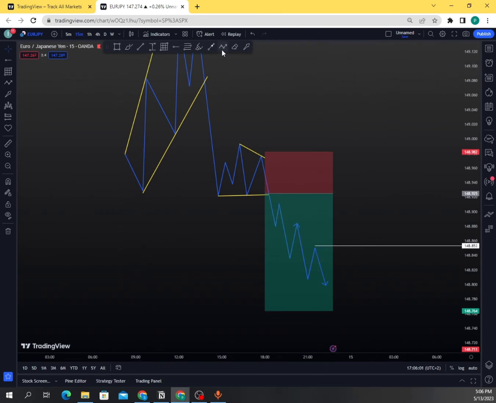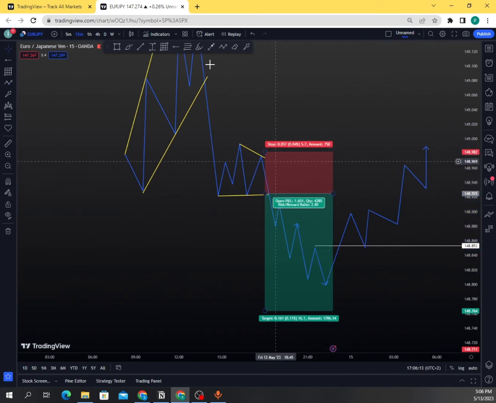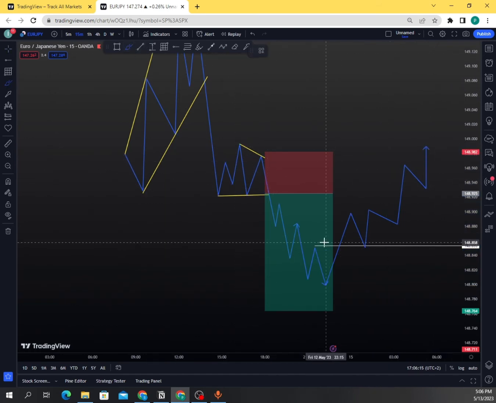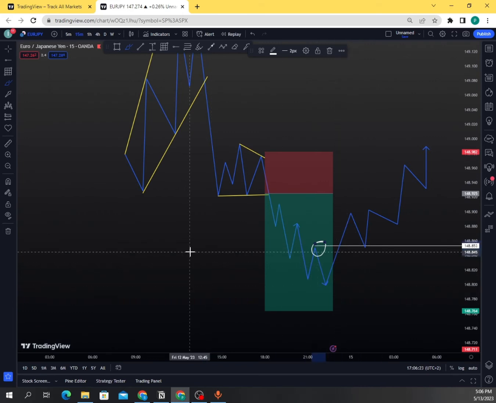So even if price reverses back and changes direction and continues to take me out, what I know is that I have locked some maximum profit around this point here, above this high.